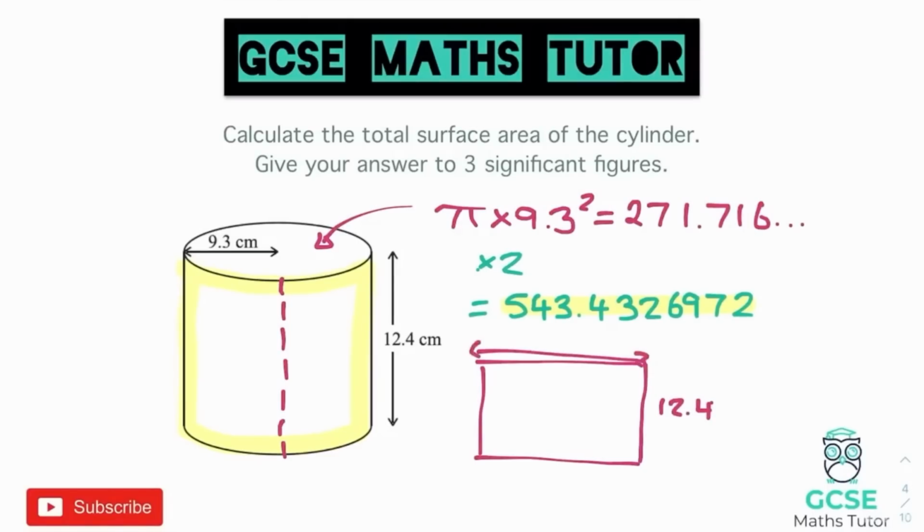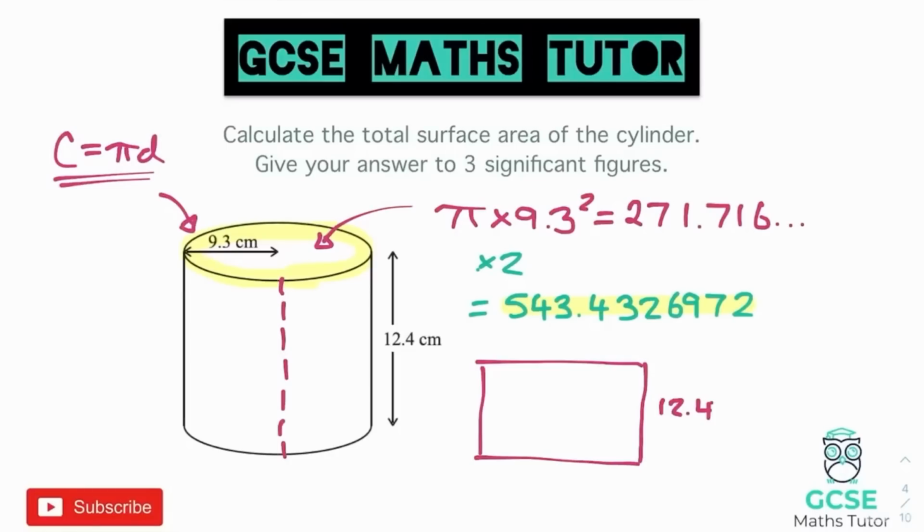So in order to get that length there, if we look at our cylinder, that length is actually the length going around the outside of the top there, around the circumference of the circle. So that length that we're trying to work out on the top of that rectangle is actually just the circumference of the circle. And the formula for circumference is pi times diameter, or pi times 2r, depending on which formula you use, but this one seems to be more recognised, so we'll go with circumference is pi times diameter.